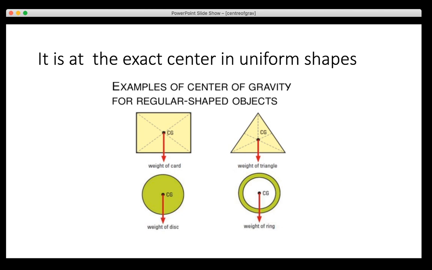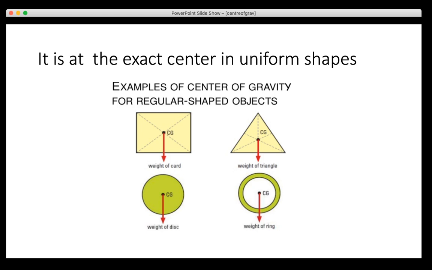Okay, in other words, if you try to balance these objects, you can balance them right focusing on this point, and they will stay. If you take a stick and try to balance these, you can only balance them if you touch that CG point, because at that point the balance will be there. So this is the case of uniform shapes, but our body is not uniform, so that is the reason the CG is not fixed in humans, because we are doing movements.